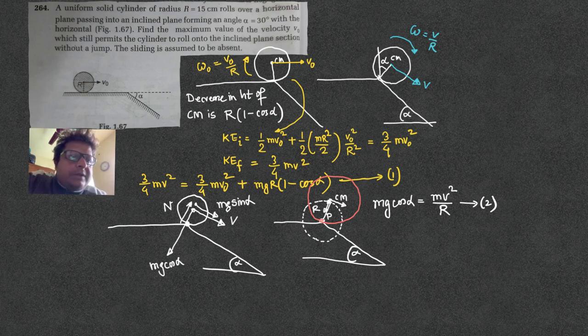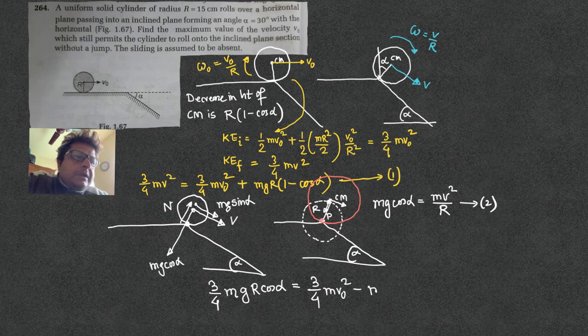So put the value in equation 1. So 3/4 m v square means m g r cos alpha equal to 3/4 m v naught square minus m g r times 1 minus cos alpha.